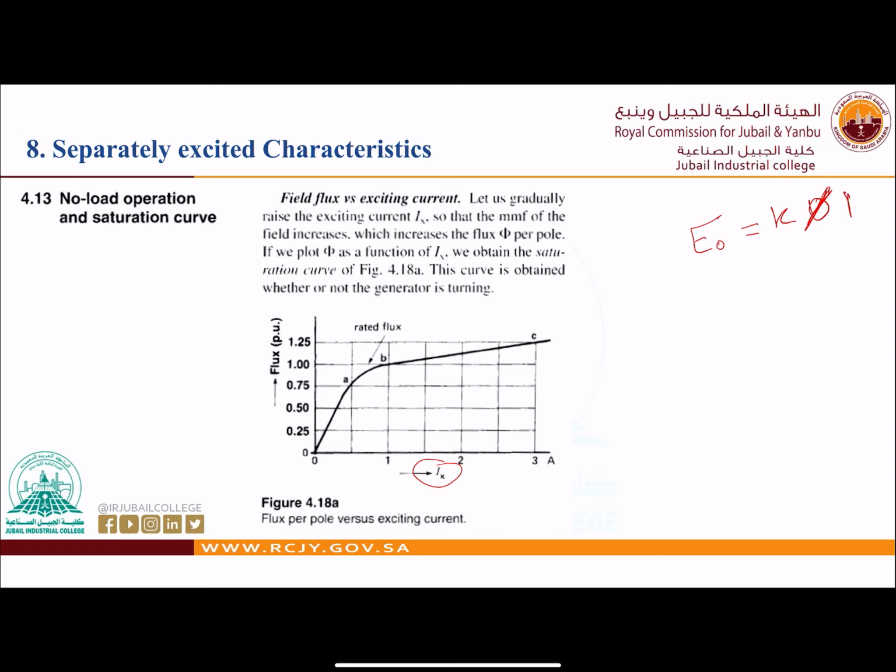If we increase the flux, meaning the magnetic field, the output voltage will be increased, and this is very important. If we increase the field current, we are going to increase the flux, and if we increase the flux, we increase the voltage. So as the field current is increased, we will have more voltage.